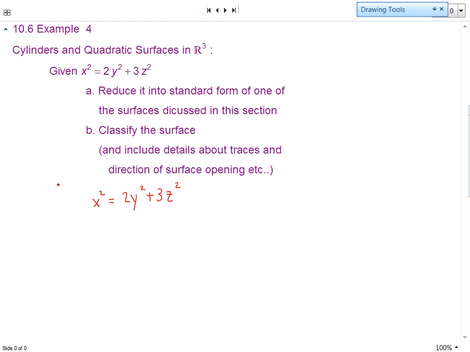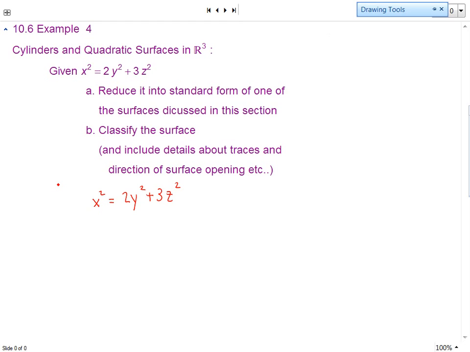Yeah, if we move them all over to one side, they're not all positive, first of all, and we don't have equal to 1, so it can't be an ellipsoid. Is it an elliptic paraboloid? No, because an elliptic paraboloid has one of the variables linear, right? What is it then? Is it a hyperbolic paraboloid? No, one of those variables. Is it a cone?